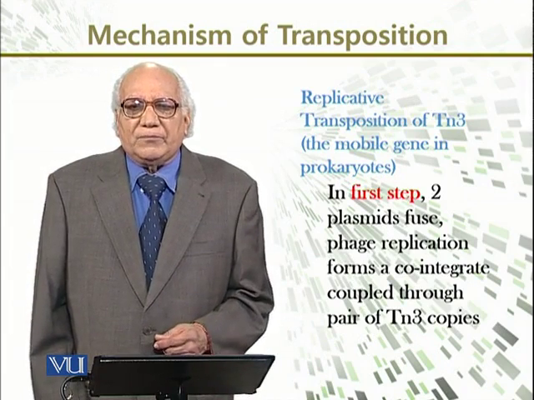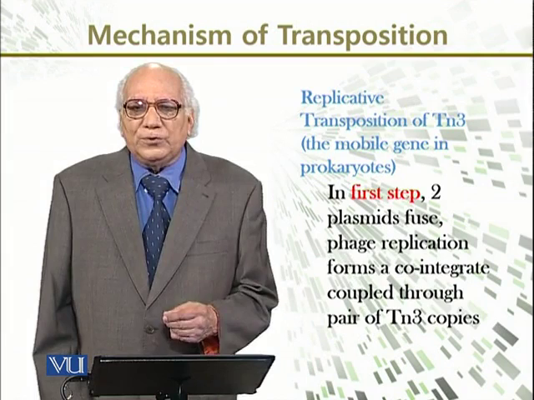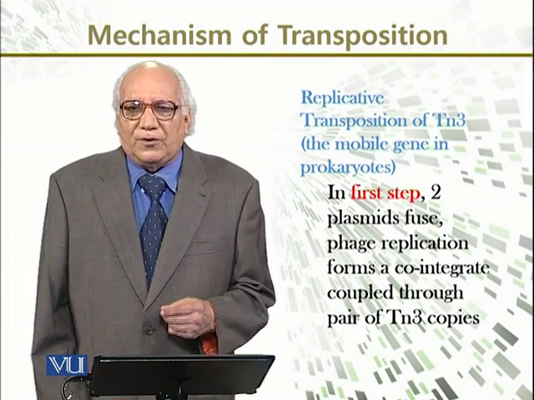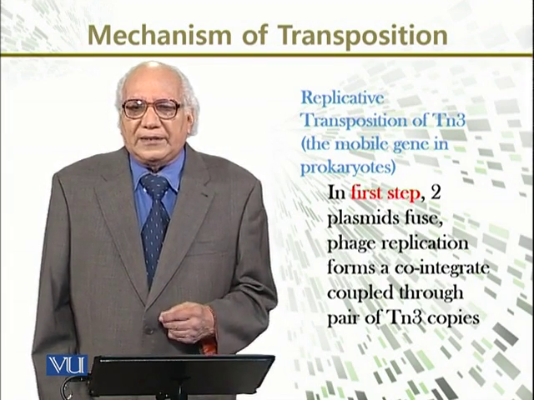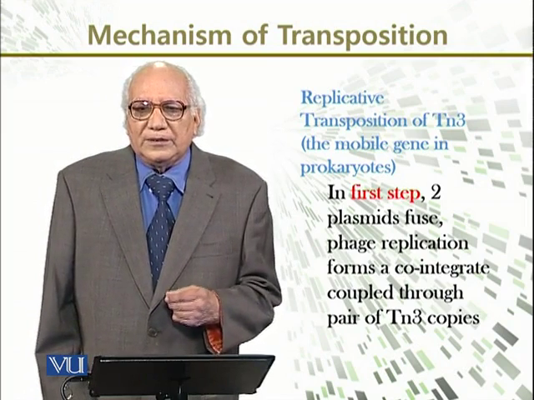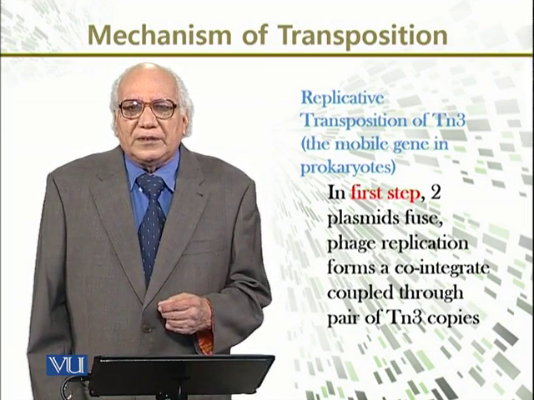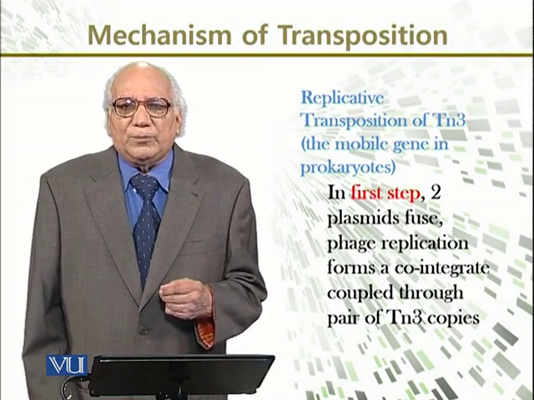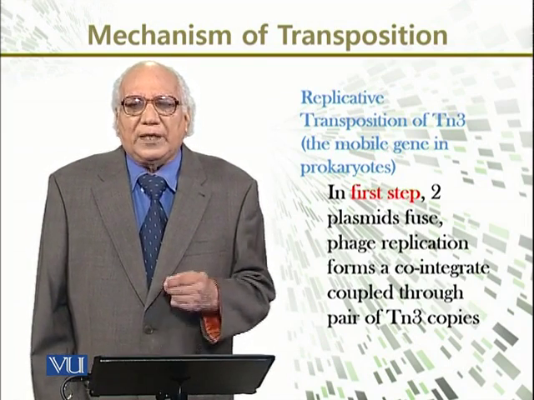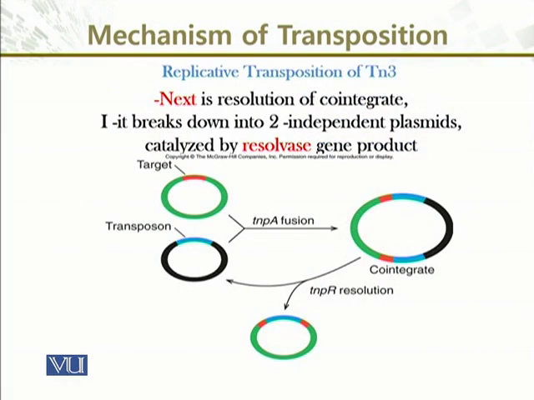In the first step, the two plasmids fuse, and phage replication forms a co-integrate completed through the pair of Tn3 copies. Tn3 is the mobile gene in prokaryotes. In this diagram, the transposon is in light brown, and the green is the target DNA, the target place.